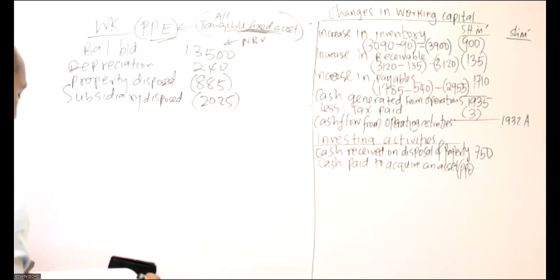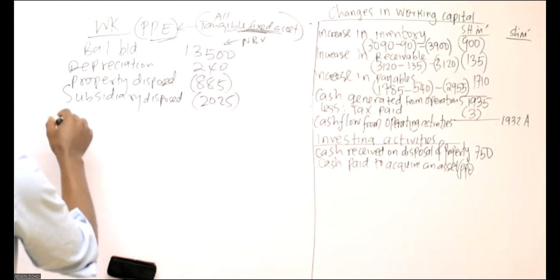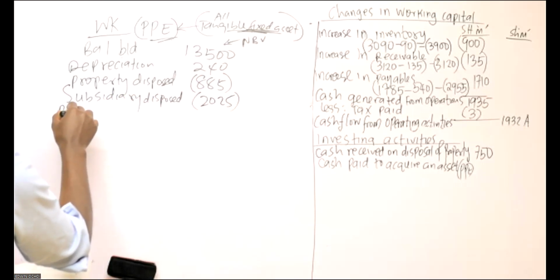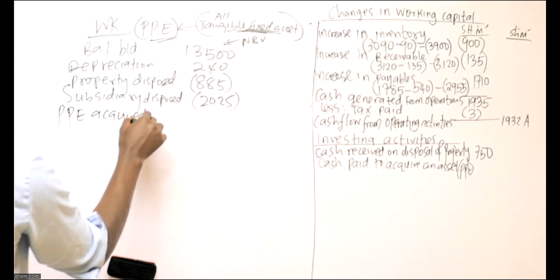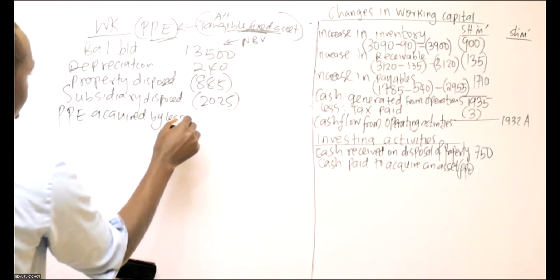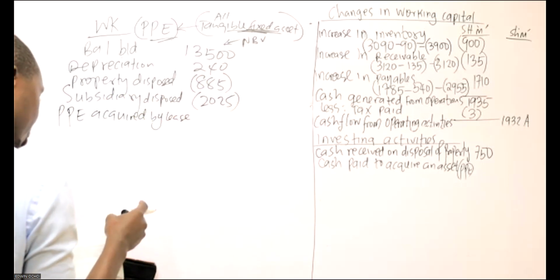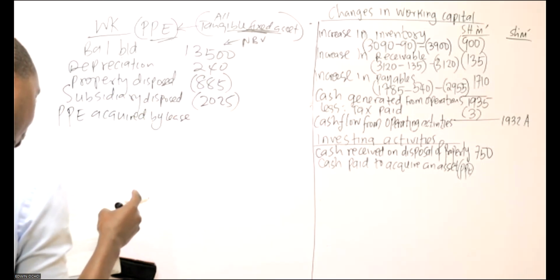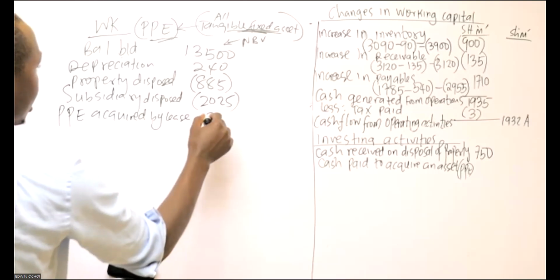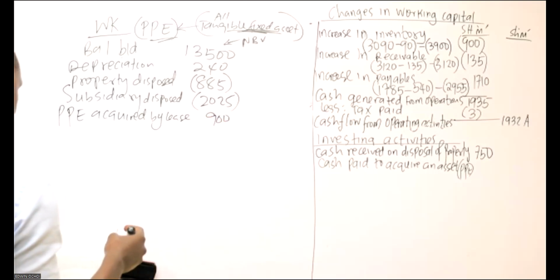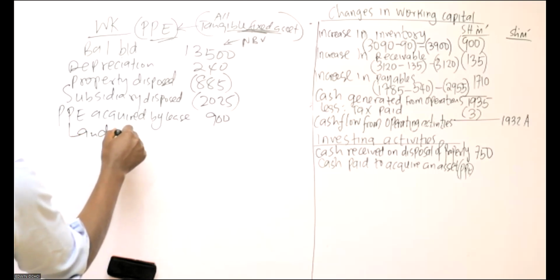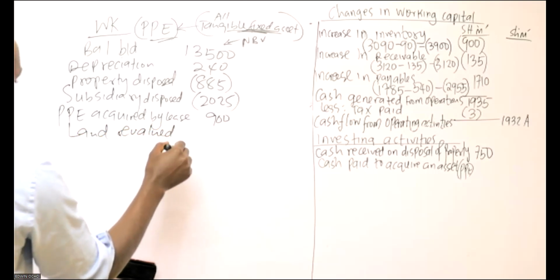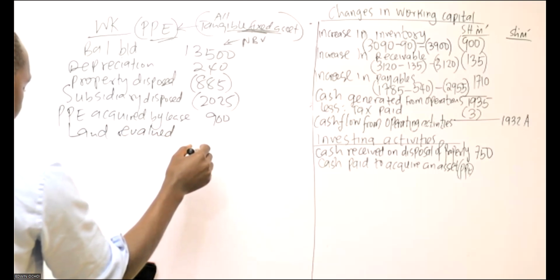Remember disposal is minus. Under note 4, there is a property acquired by way of risk. Its net book value was 900, so that one you add. Then note 6, there is land revalued at 60.